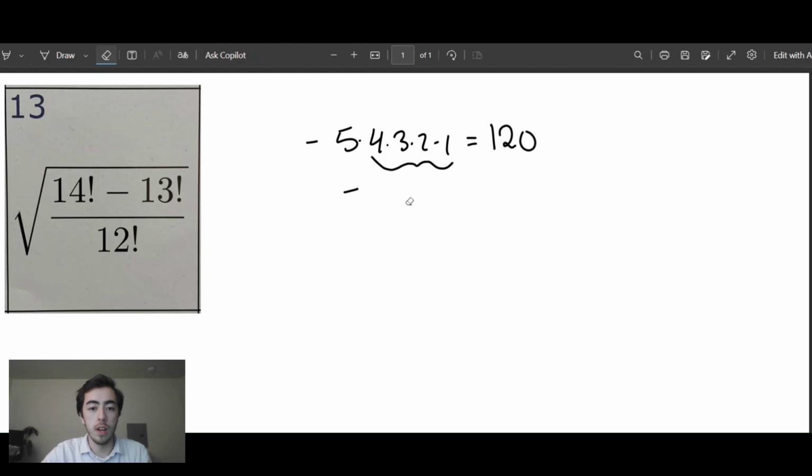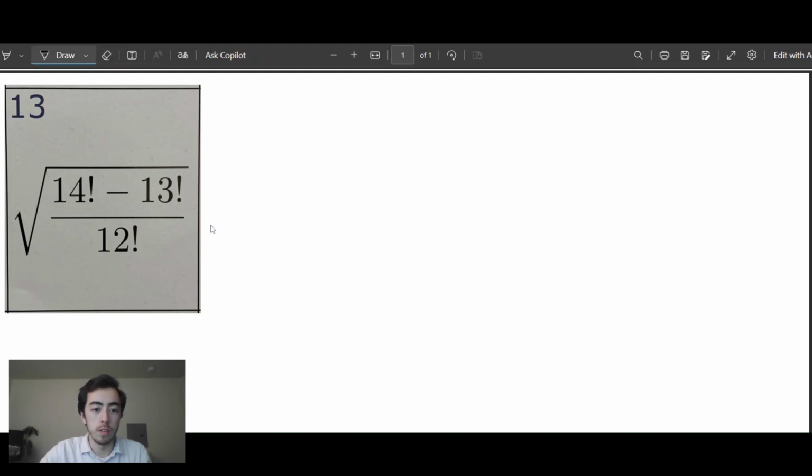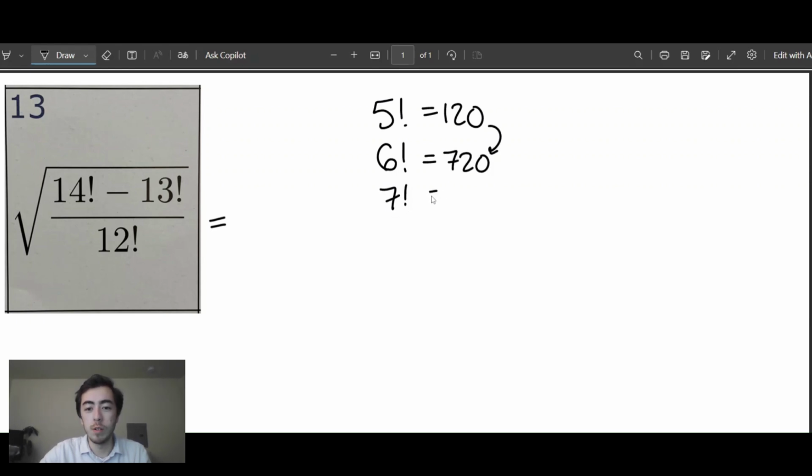So let's see if that strategy is going to help us simplify this fraction underneath the square root. Like, we could figure out what 14 factorial is, but these grow really quickly. So 5 factorial is 120. 6 factorial would just be this times 6, so that's 720. And then it grows pretty quickly. So these are pretty large numbers, and I haven't even gotten like halfway yet to that 14 factorial.